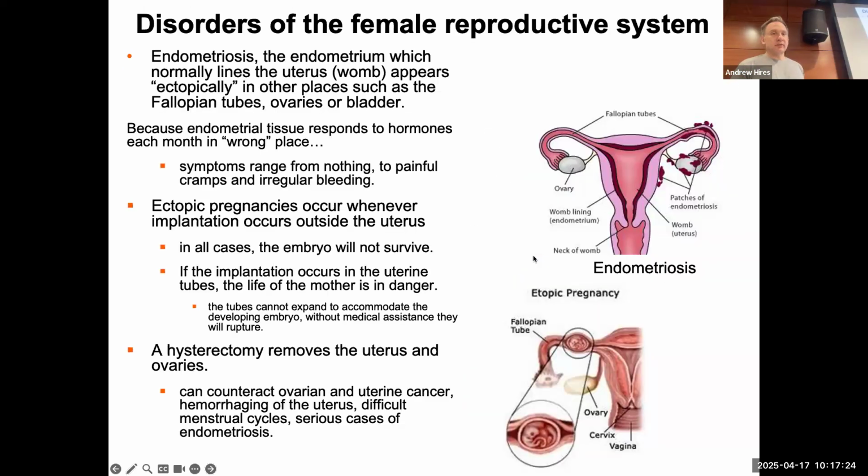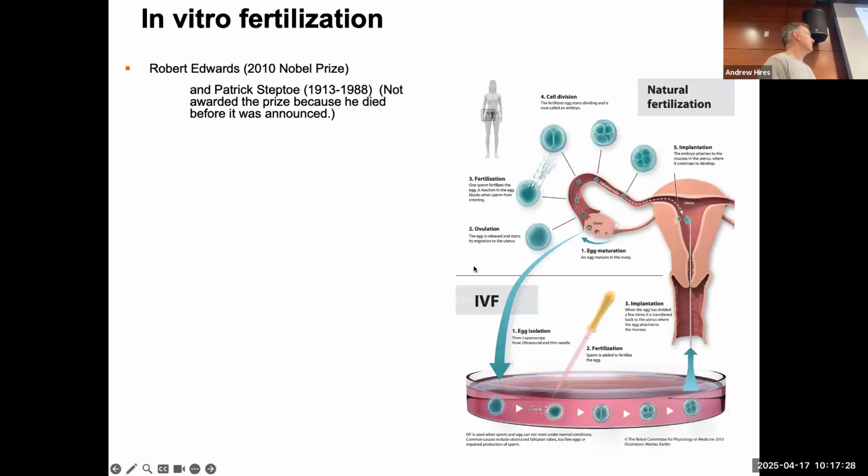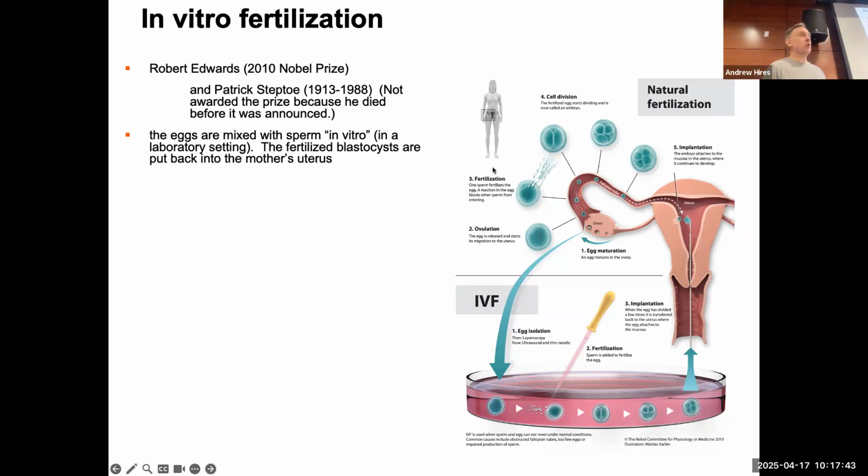Okay, so that's basically how it works normally. Now, as a treatment for infertility, in vitro fertilization was developed by Robert Edwards and Patrick Steptoe. So in this case, they take the eggs out. Basically, you harvest eggs through a process of hormonal control.